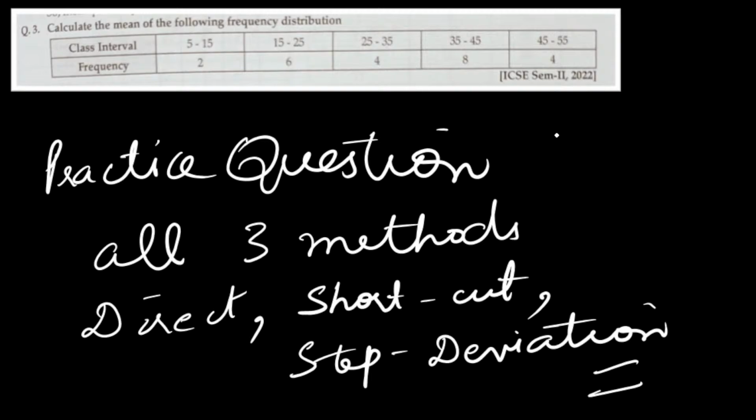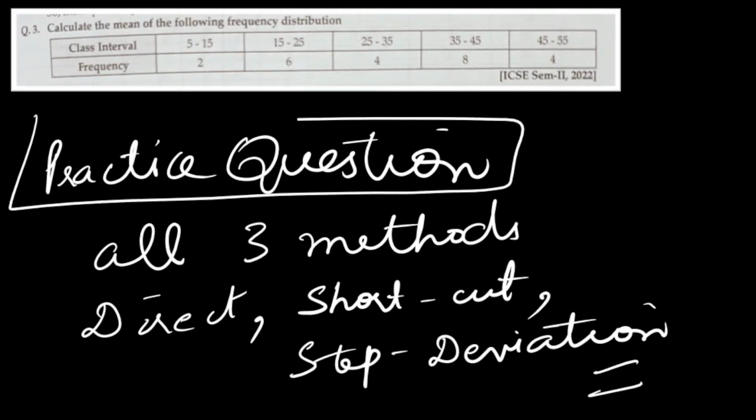So try this question with all the methods, and you can post your answers also in the comments once you are solving this question. I hope you have taken the screenshot of this question. So have you taken the screenshot?